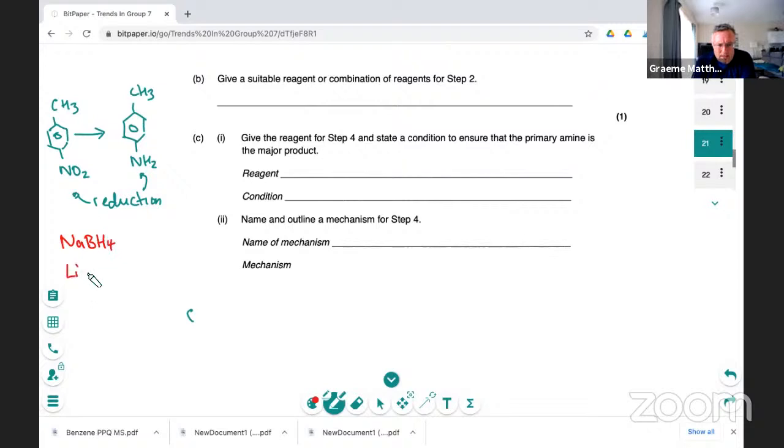Or is it lithium aluminum hydride? No, that one had to be in ether because it's extremely reactive in water, and I think this one is just aqueous. The answer is no. This is how you reduce what's known as aliphatic, as in straight chain, amines.